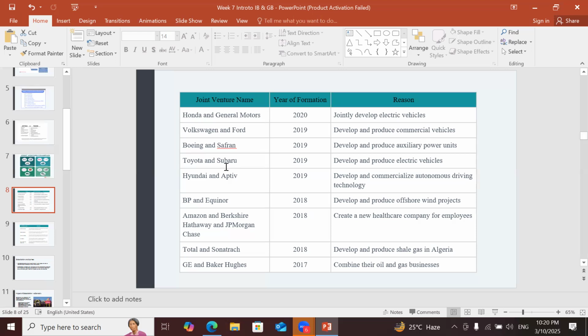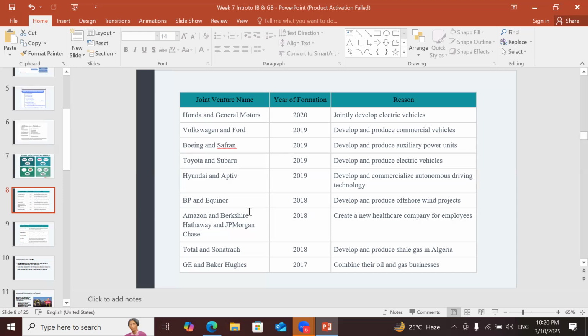Boeing and Safran, this is a joint venture company, in 2019 they produced electric vehicles. Another, Hyundai and Aptiv, developed and commercialized autonomous driving technology.